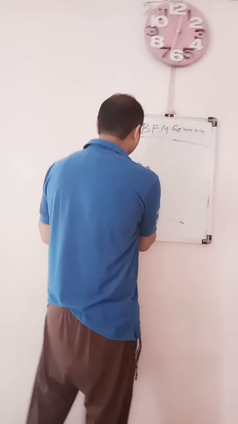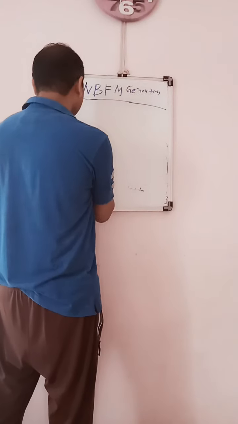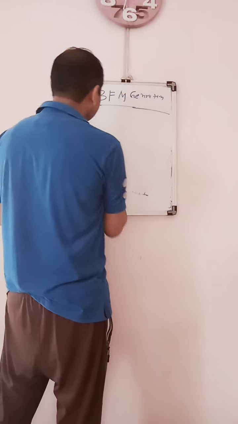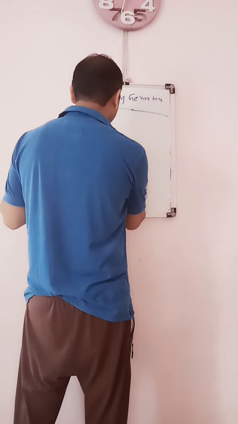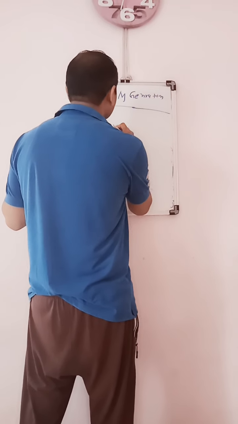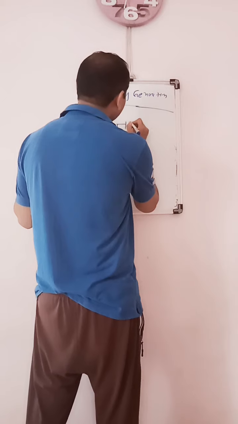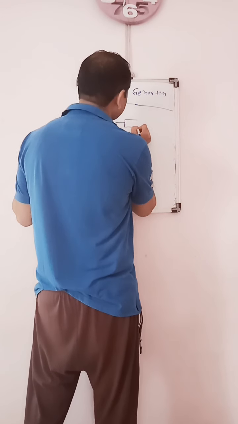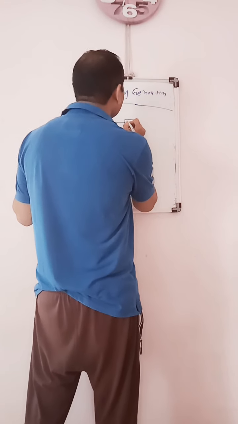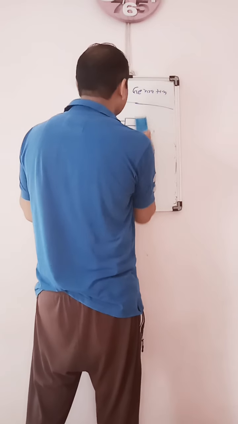The first block will be the carrier generator, and this carrier generator will generate the carrier, and then it will go towards the 90-degree phase shifter.